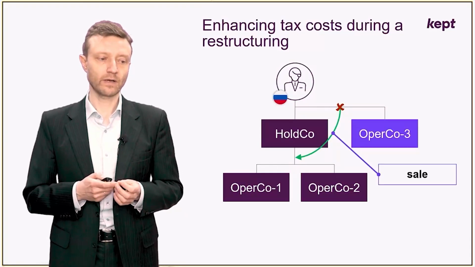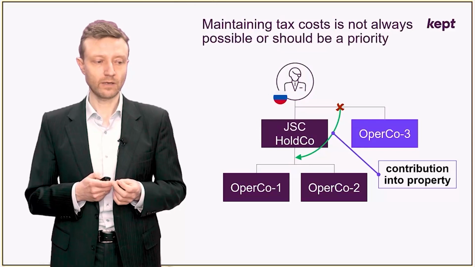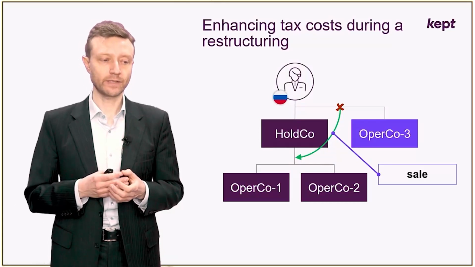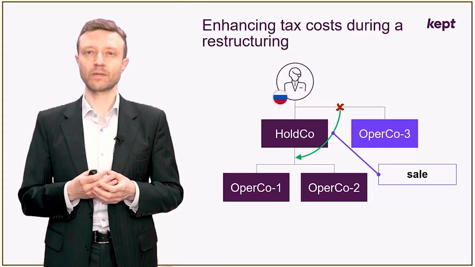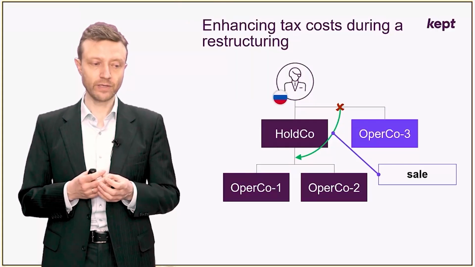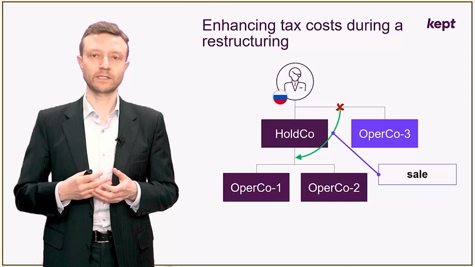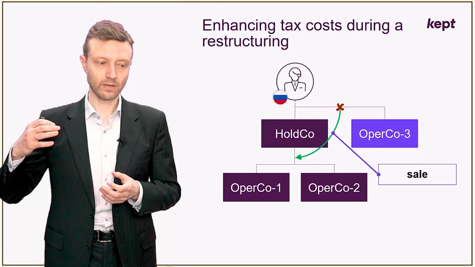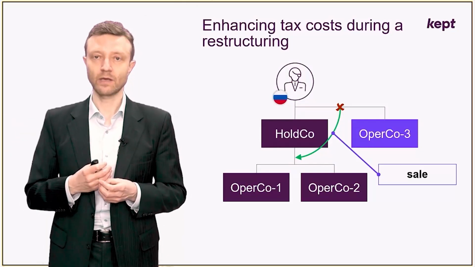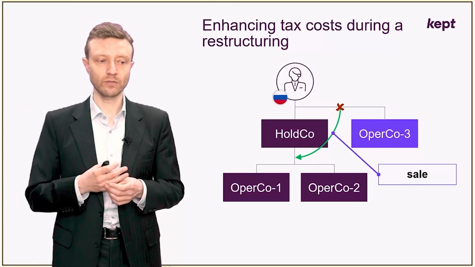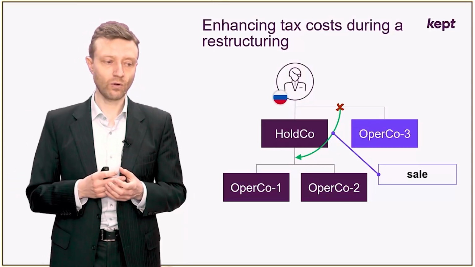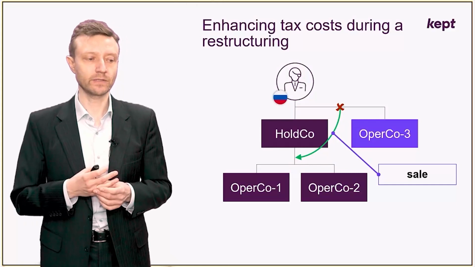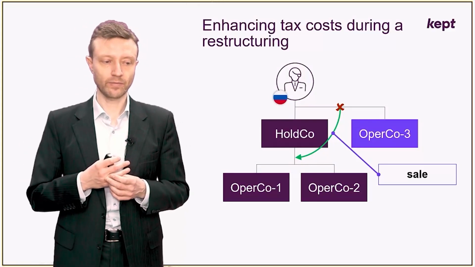And if it is sold, then again it is possible to establish the price based on the market value of operating company 3, and that provides effectively a step up in cost basis for the operating company that is transferred to the holding company. And either the 5-year exemption can be used if the holding period is long enough, or the tax events for the shareholder can be deferred if payment is deferred for the sold operating company.